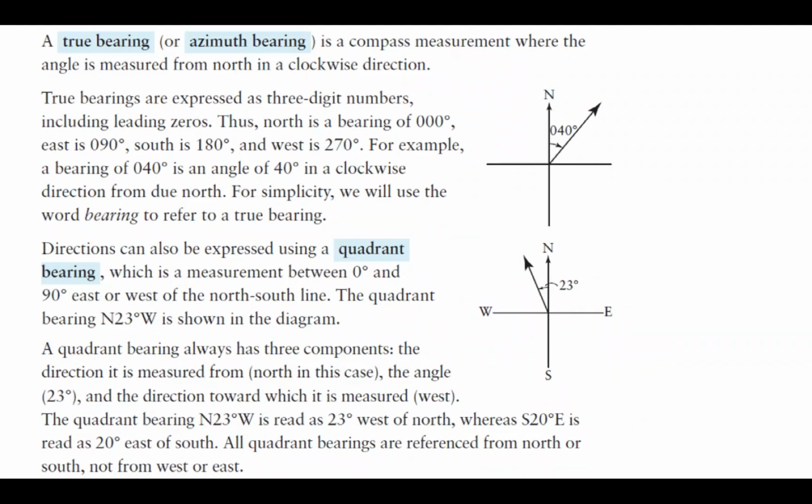The quadrant bearing N 23 degrees W is read as 23 degrees west of north, whereas S 20 degrees E is read as 20 degrees east of south. All quadrant bearings are referenced from north or south, not from west or east.